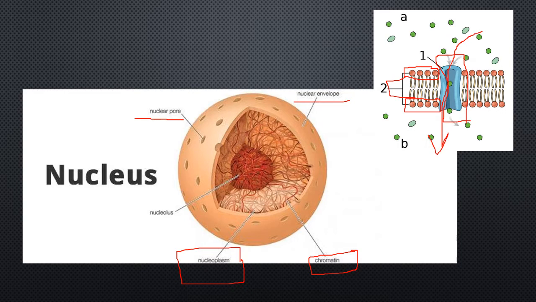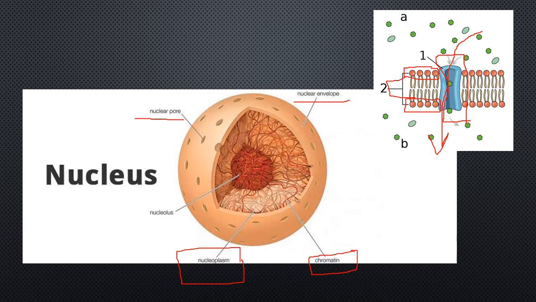The other part is that the nucleus produces messenger RNA. And messenger RNA is essentially what is required to produce a sequence of amino acids to make a protein, and all that occurs outside of the nucleus.